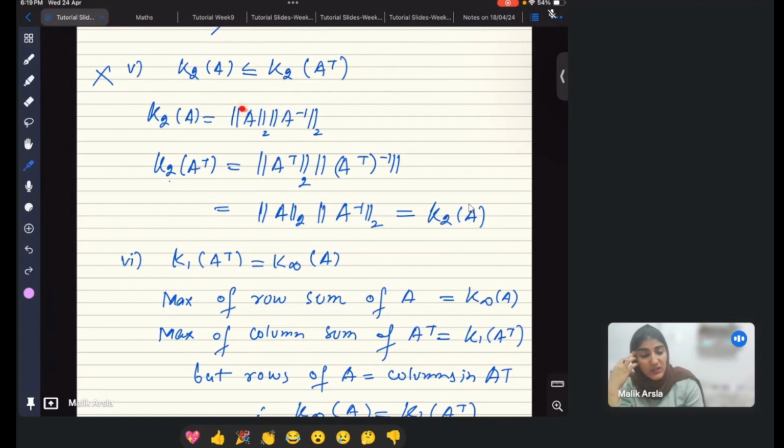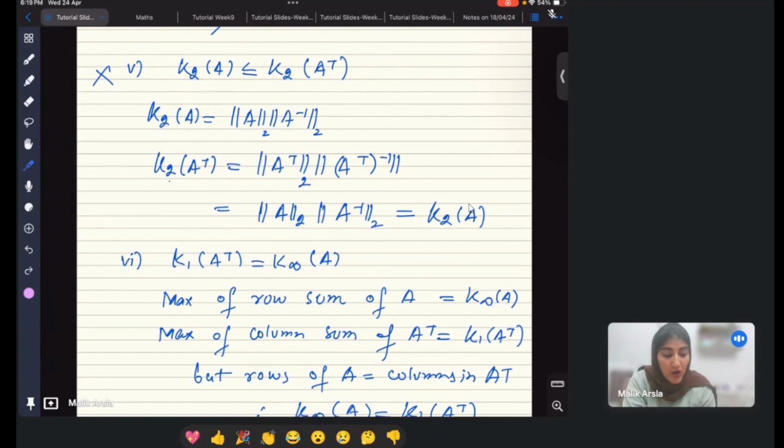If it's K1, then you have to consider the 1 norm. If it's K infinity, then you have to consider the infinity norm. You cannot do otherwise. So for K2 of A, it is norm of A into norm of A inverse, and when I say norm, it means 2 norm. Now K2 of A transpose will be, again, norm of A transpose into norm of A transpose inverse.